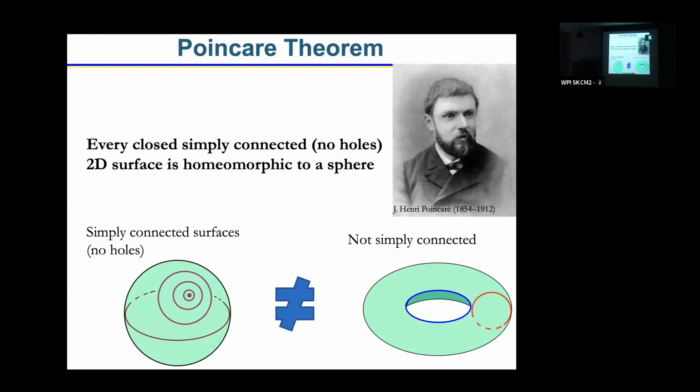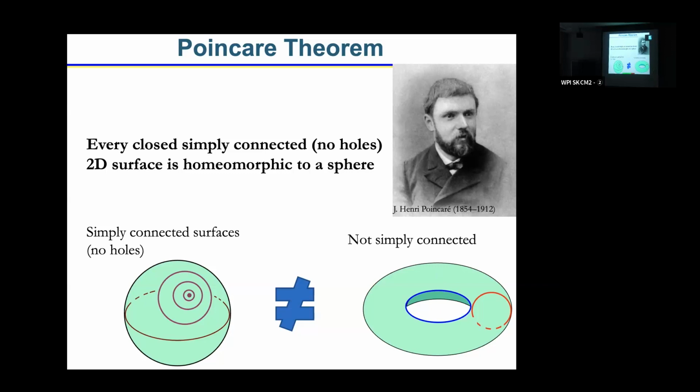But that very idea of the difference between the topology of these surfaces goes all the way back to the Poincaré theorem, which tells us that every closed, simply connected two-dimensional surface is homeomorphic to a sphere. And the surfaces that cannot be simply morphed to a sphere, that are not simply connected, would be different from spheres, right?